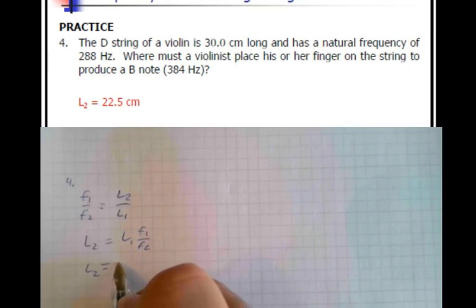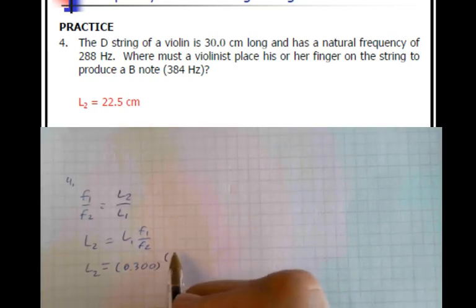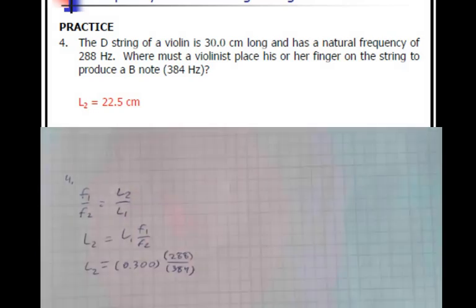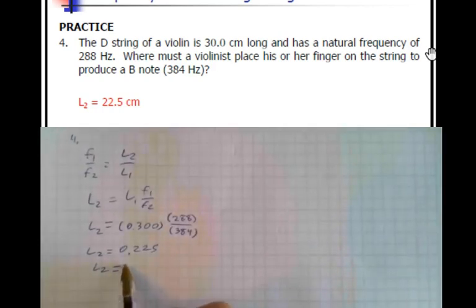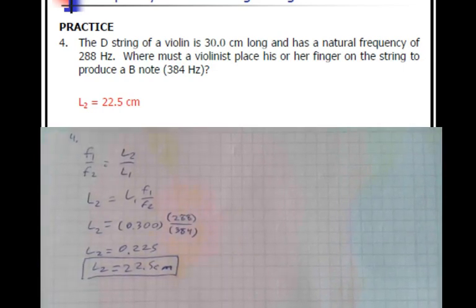So this is 30 centimeters, 0.300 meters, times F1, which is 288, over 384. So we have 0.225, or L2 is 22.5 centimeters. And we could have just not converted it, which I think I'll do for the next problem.